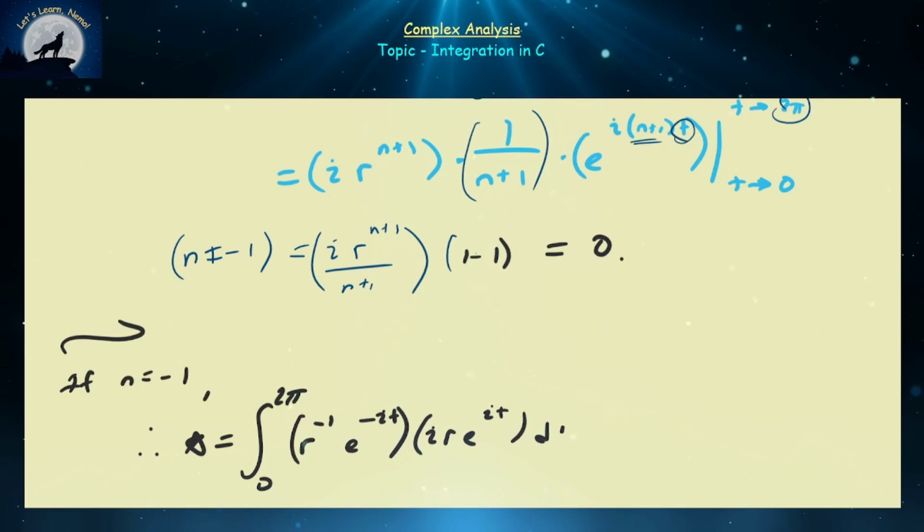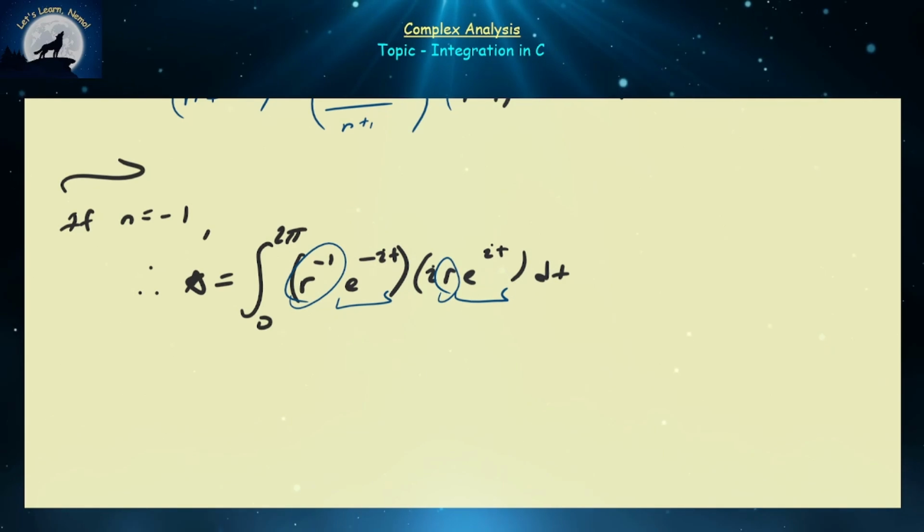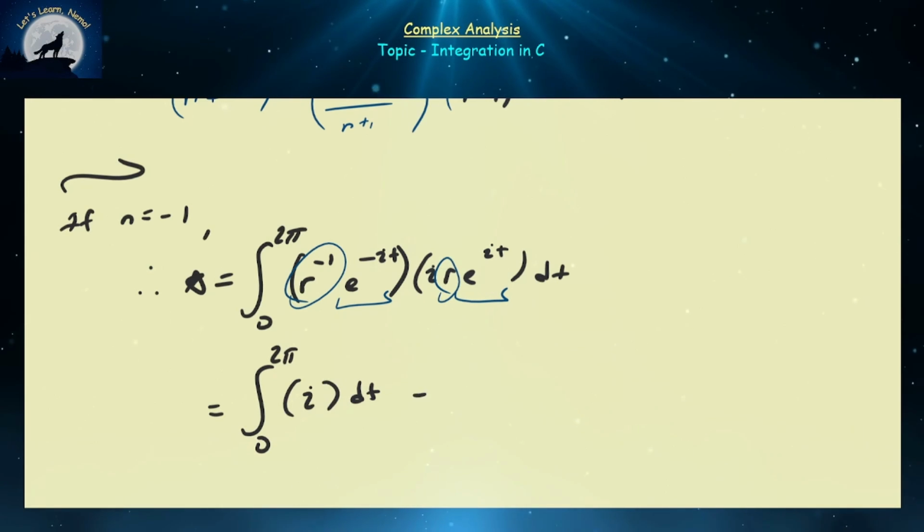And then that's going to be dt. Notice that our e to the it and e to the minus it will cancel each other out. And we're going to have r to the minus 1 and r. And keep in mind, r is not equal to 0. r is positive, so they're going to cancel out. And then we're just going to be left with the integral from 0 to 2 pi of i dt. And that's just going to be equal to 2 pi i.